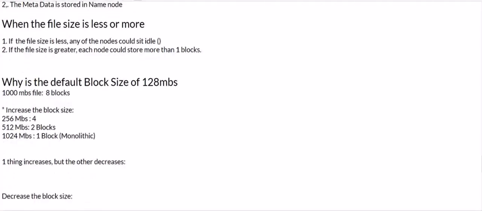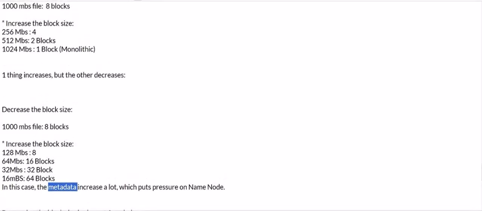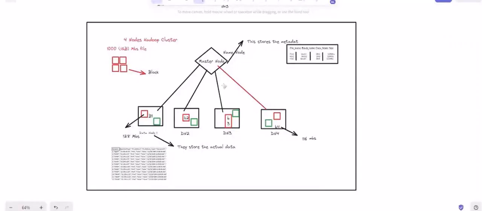Which not only keeps us from getting closer to the monolithic approach, but also gives us less metadata. So this is the main thing. The whole agenda of the 128 block size is that it is a moderate one. It gives us the performance benefit. I hope you can understand this.